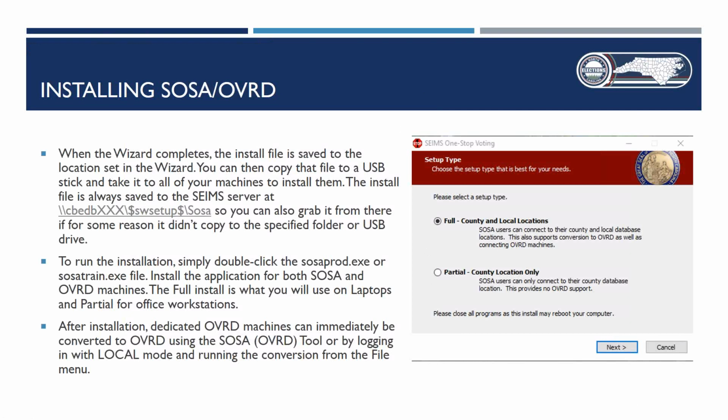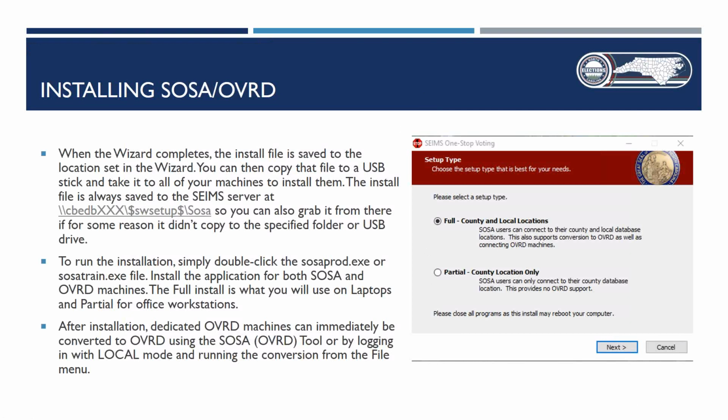So the full installation is what you're going to want to put on your laptops that you're going to send out to your one-stop sites and polling places. The partial install is used in your office for your Seams workstations, and that's basically the connected only county mode.